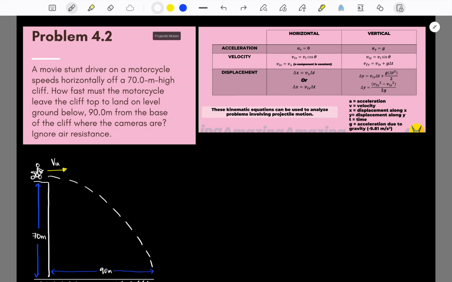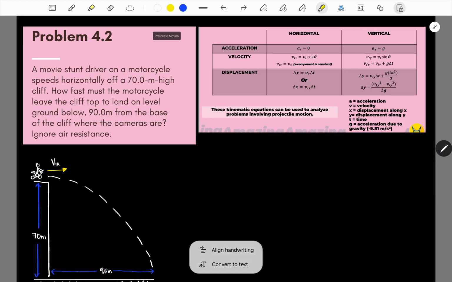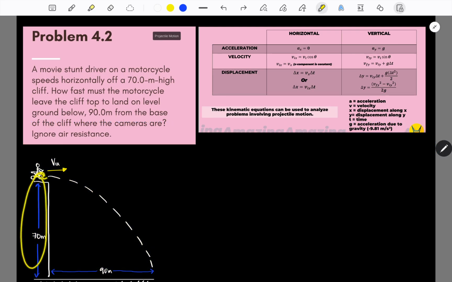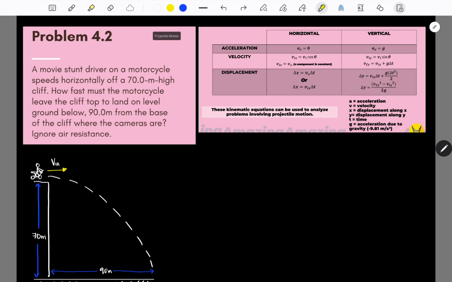In this problem, we have a movie stunt driver on a motorcycle who speeds horizontally off a 70-meter high cliff. As you can see, that is this height. How fast must the motorcycle leave the cliff top to land on level ground below, 90 meters from the base of the cliff, where the cameras are?